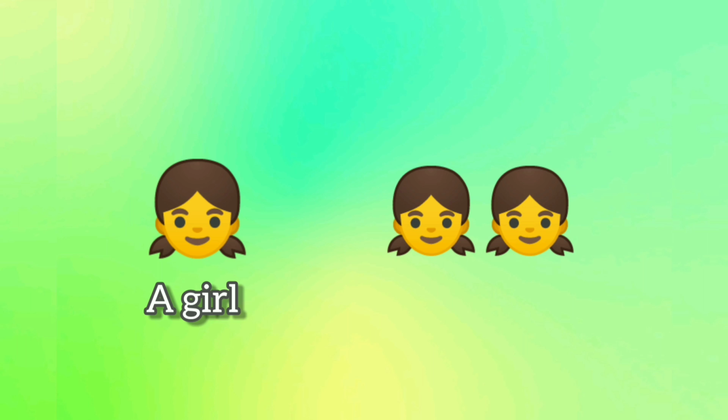how many girls are there? One girl or a girl? A or an stands for one. Now again, how many girls are there? Two girls? No, two girls.